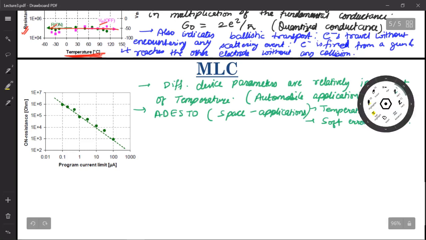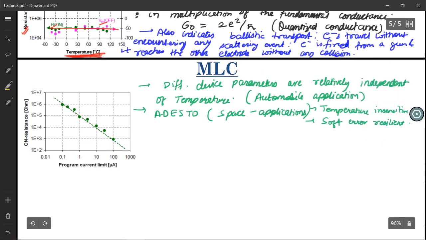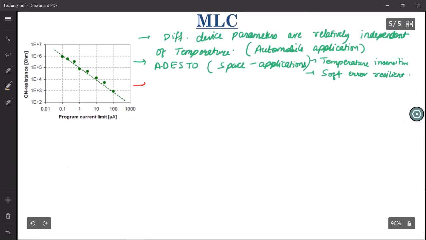Now let us talk about multi-level capability, which is kind of the title of this slide. Similar to OXRAM devices, we can introduce MLC here by changing compliance current.